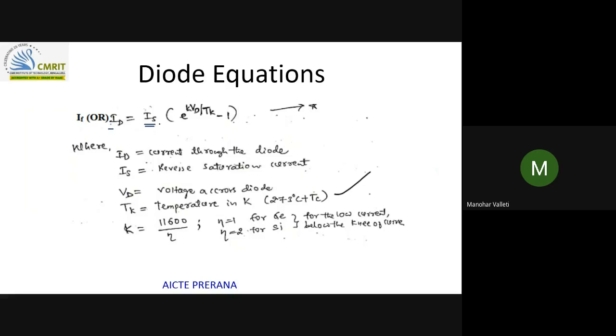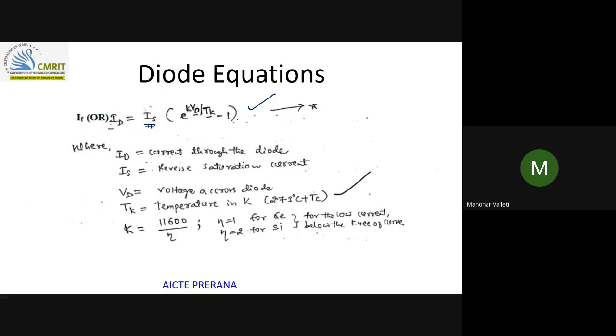So this equation, ID equal to IS, sorry, Shockley's equation for a diode. ID equal to IS into (e power VD by nVT minus 1), where VT is the thermal voltage involving the Boltzmann constant and TK, the temperature in degrees Kelvin, and VD is the voltage across the diode.